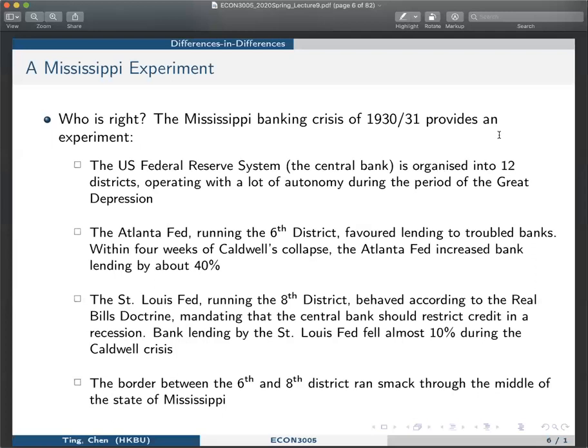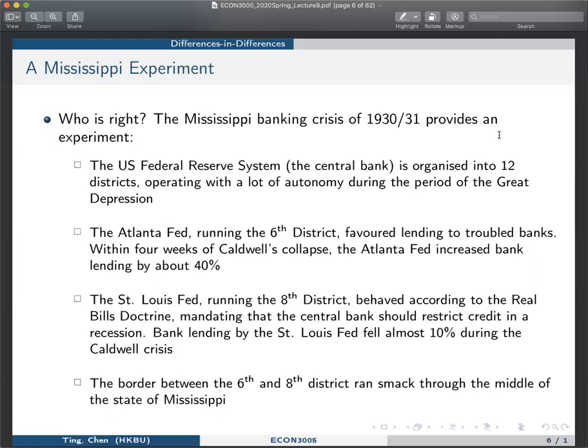So under the St. Louis Fed's jurisdiction, the bank lending, meaning the lending from the Federal Reserve to the banks, actually fell almost 10% during this 1930s Southern U.S.